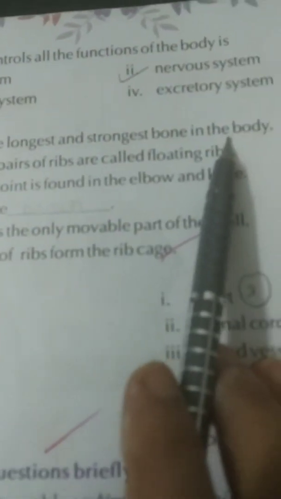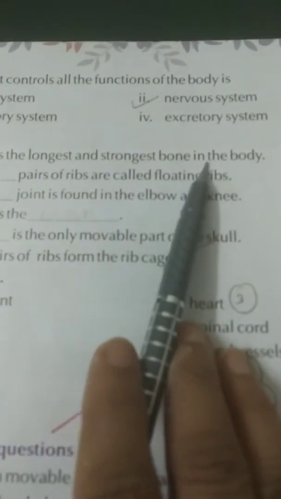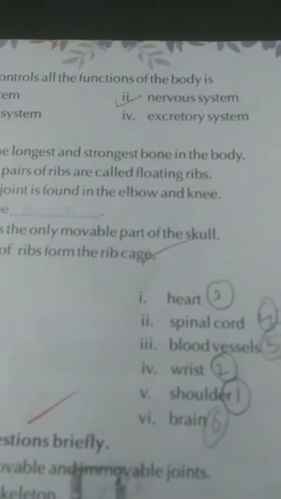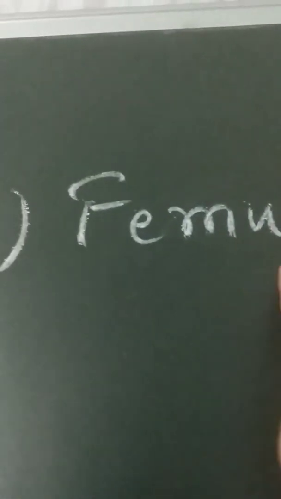Fill in the blanks. Write in book, dash is the longest and strongest bone in the body. Answer of first is femur.